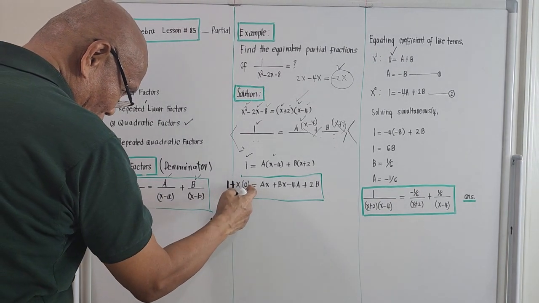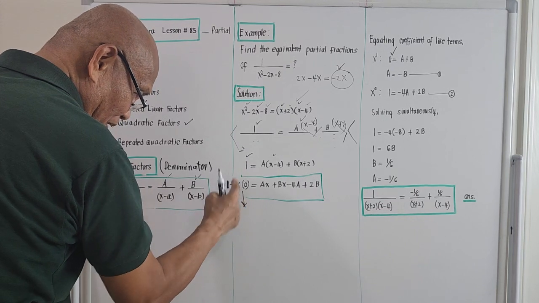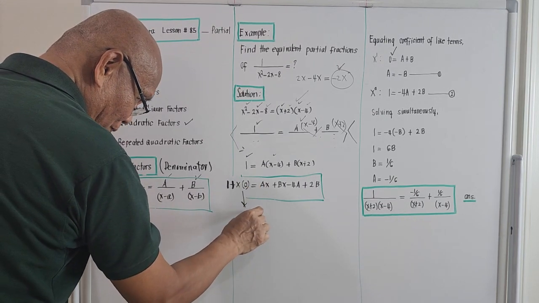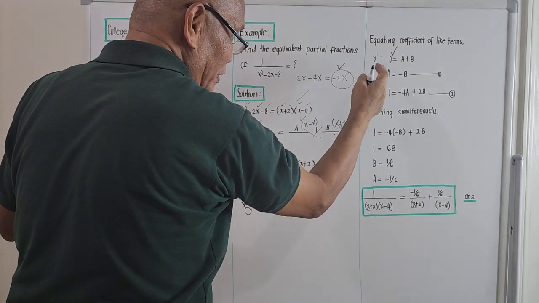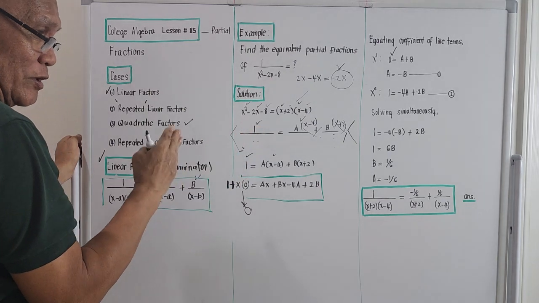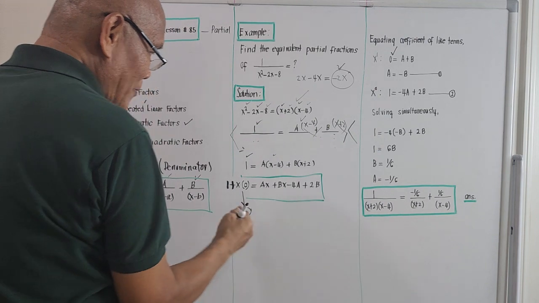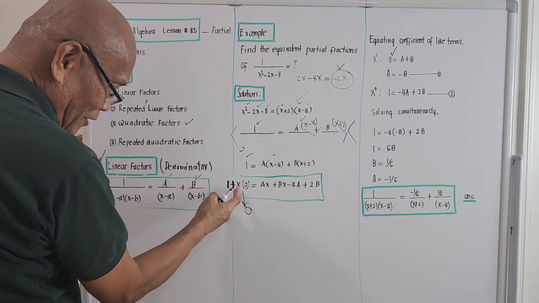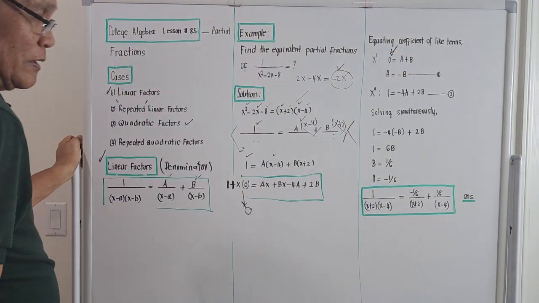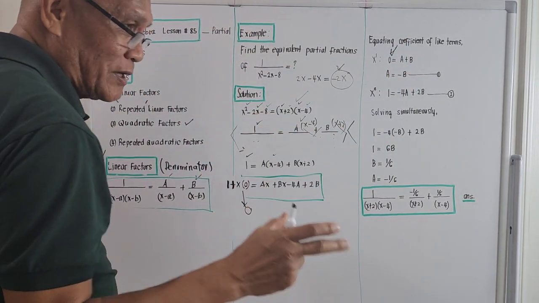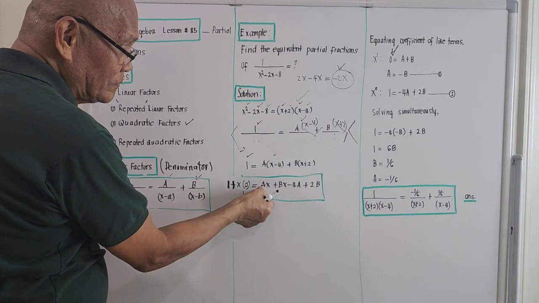X to the first multiplied by 0 is actually 0. There is an x term, but unluckily the coefficient is 0. That's why, when I equate coefficients of like terms, all terms on the left with x to the first power equal the terms with x to the first on the right. On the left hand side, the coefficient of x is 0. So I put it here, it is 0. On the right hand side, for all the terms that contain x, we just take the coefficient. So this is A.